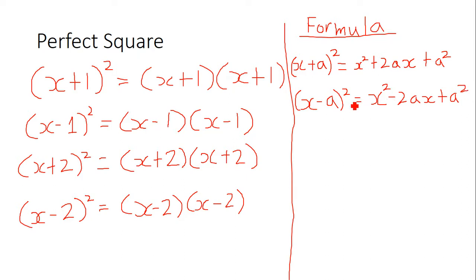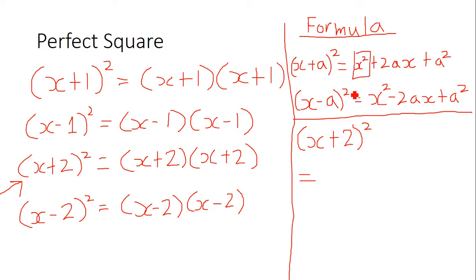And so let's do an example. Let's say we wanted to do this one. So we have x plus 2, raised to the power of 2. So that's going to be equal to, what's the first thing that we write? x squared.